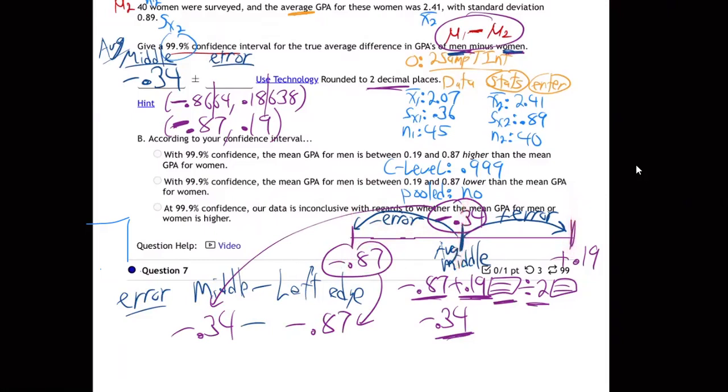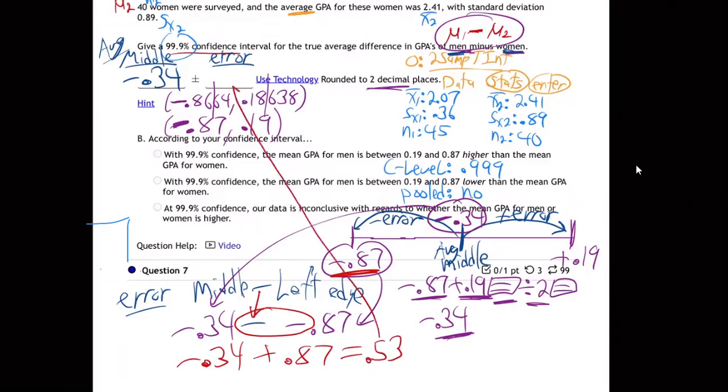It doesn't matter. Just find out how wide it is. You probably know from your earlier math classes, double negative, it's going to actually add, isn't it? We had the one negative from the subtraction and the other negative because the left edge number was negative. So it's going to be plus 0.87. So negative 0.34 plus 0.87, I'm getting 0.53. So there it is. Bring it on back.